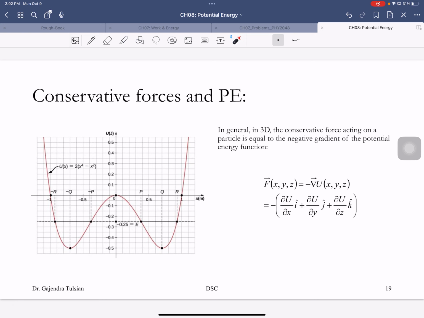So here's a potential energy curve. What has somebody done for you? They've described a system's behavior completely like that. Okay. So this would work, for instance, if a marble was rolling down a hill like that.